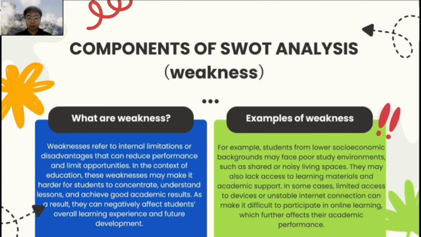Because of this, it is sometimes difficult to decide which factor is the most important. Another weakness is that the meaning of quality education is not always clear. Some people think it means good exam results, while others think it includes teaching quality, critical thinking, and personal development.